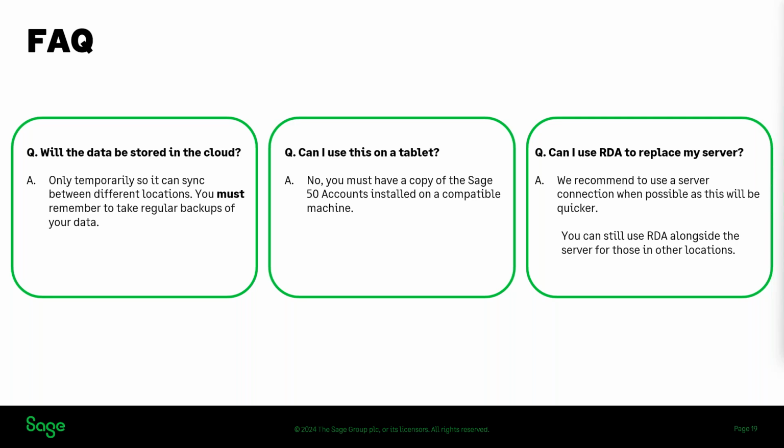No, you must have a copy of the Sage 50 Accounts software installed on a compatible machine. And can I use RDA to replace my server? We recommend using a server connection where possible, as this will be quicker, but you can still use remote data access alongside the server for those who are in other locations.